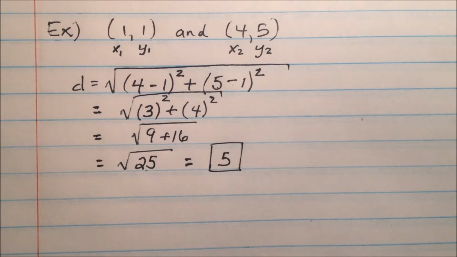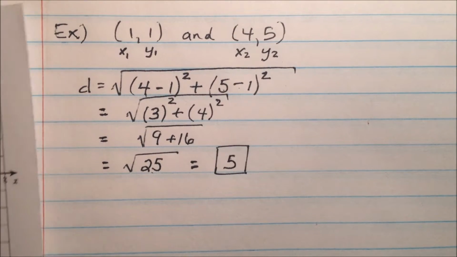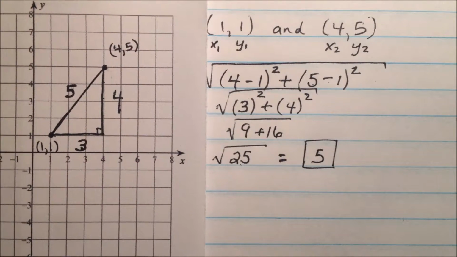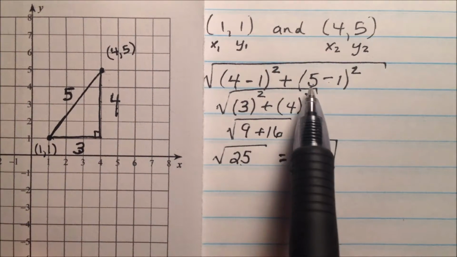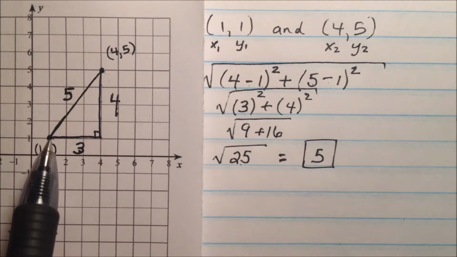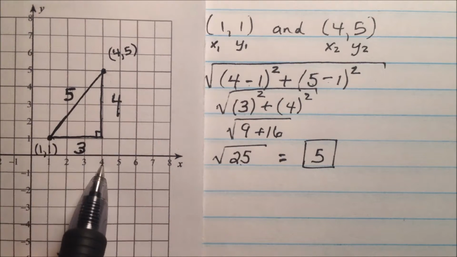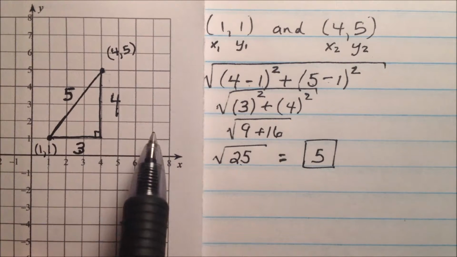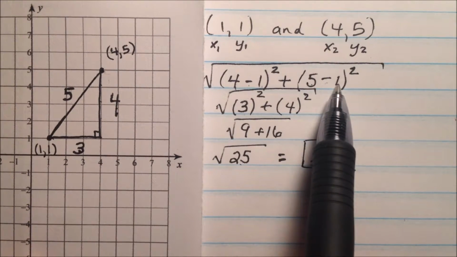Well, let's compare these two things and see exactly what we just did. So if I drag my triangle over here, I notice that when I took these distances, 4 minus 1 to get my 3, isn't that just the base here? 4 minus the 1 is 3 units long. So the other one is 5 minus 1.